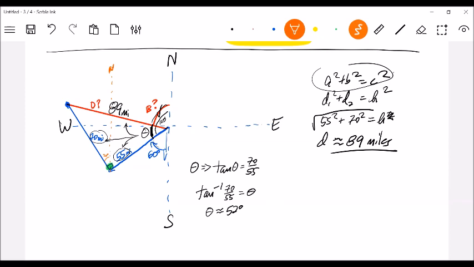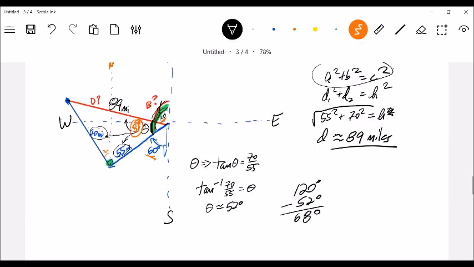Okay, so if this is 52 degrees here, we should make that a little bit bigger right here. 52 degrees. There we are, that's that angle. Well, this is 120, because that's 60 here, so all of this is 120. I think I'll use the green there. So now we can do 120 degrees minus 52 degrees, and that gives us 68 degrees.